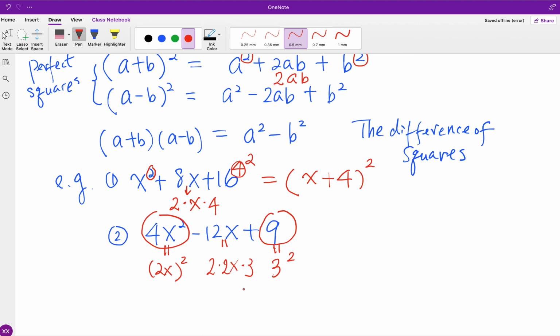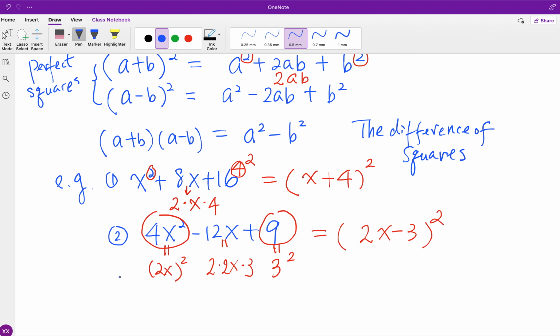See, that is 12x. So now, therefore, it becomes (2x, because this is subtract, subtract 3) to the power of 2. Okay? Now, just to use another example as reinforcement.